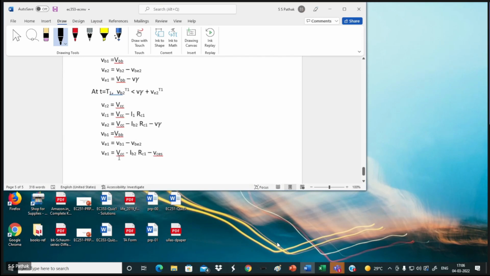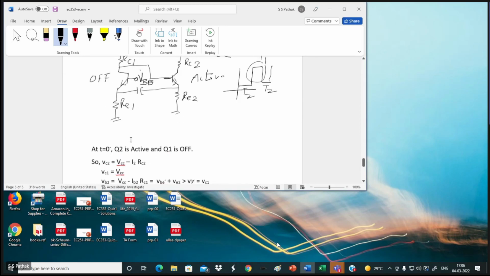This you have to find by the relationship that VE2 at t equal to 0 plus minus VE2 at t equal to, let us say, tau 1, will be the same as VE1 at t equal to 0 plus minus VE1 at t equal to tau 1.